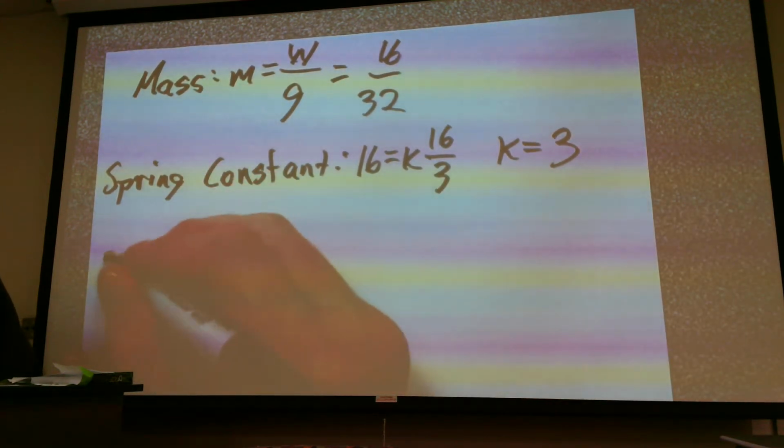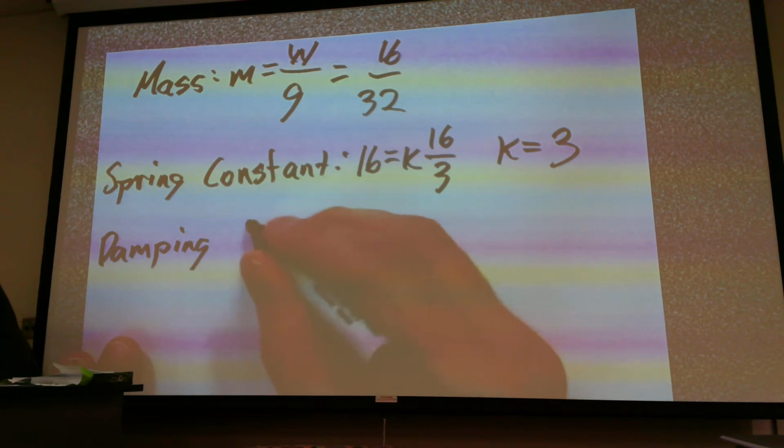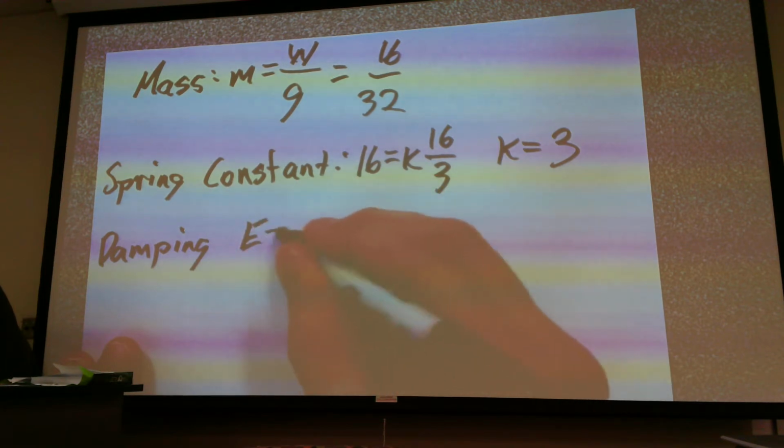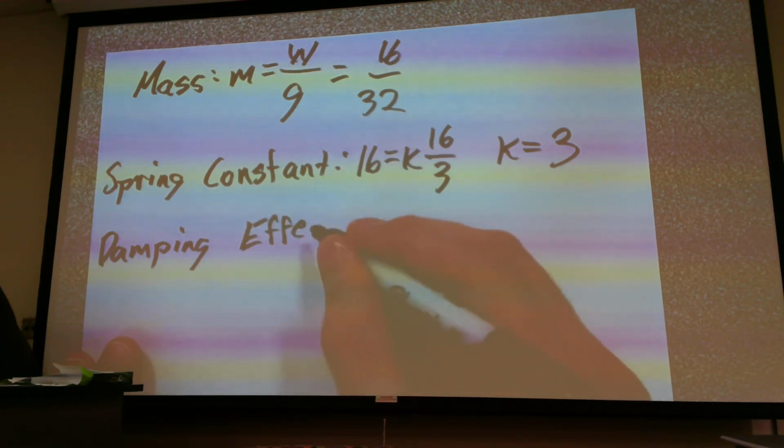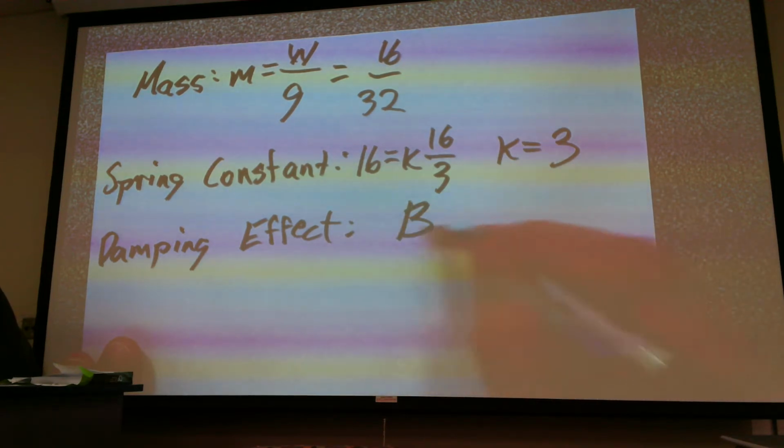All right, so then we have to talk about what is the damping effect. That would be my beta, which equals 5 divided by 2.